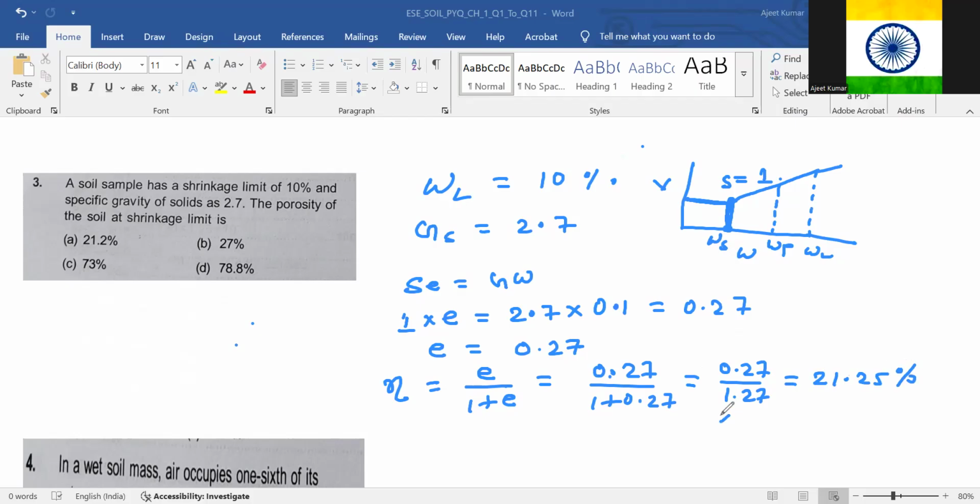If you multiply by 100, you get it in percentage, which is 21.25%. So the answer will be A. This is the solution of question number 3.